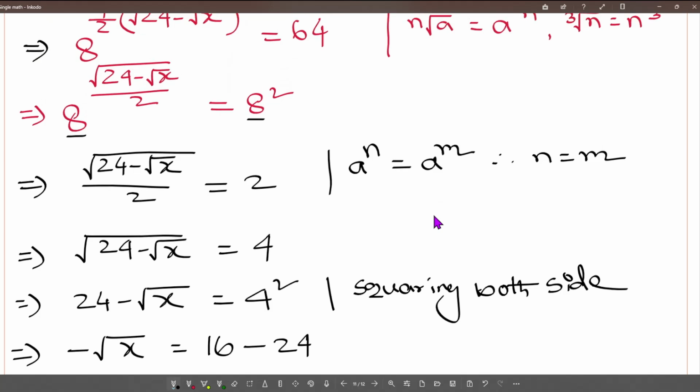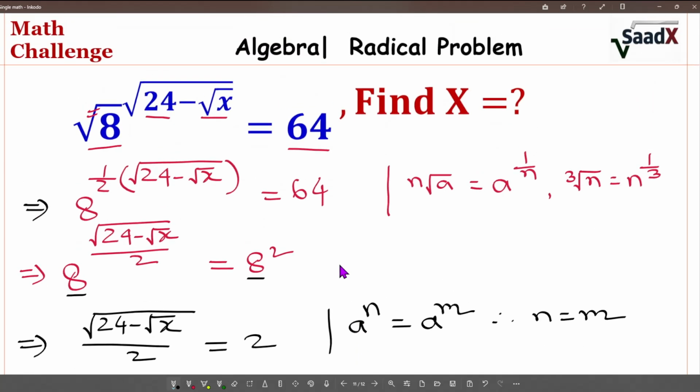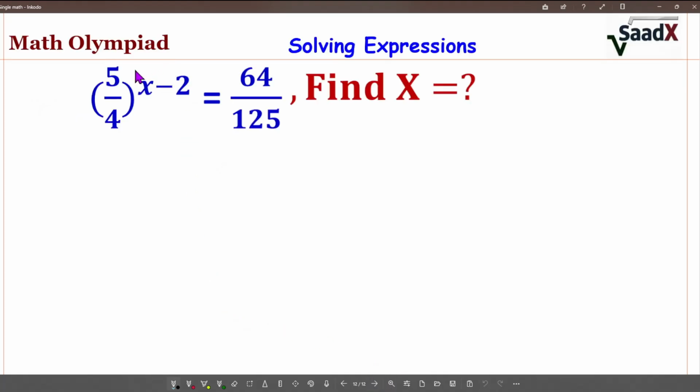Today we are trying to solve another math. So first one done. Second one, which is (5 by 4) to the power x minus 2 equals 64 by 125, we will find x. So on both sides, left and right, we have to make a common thing.